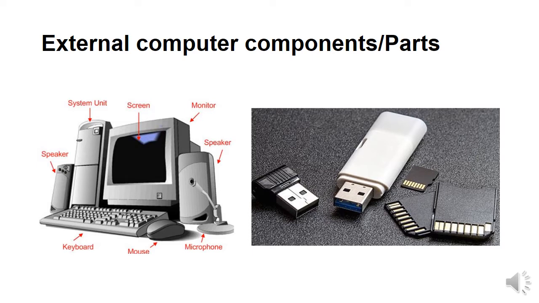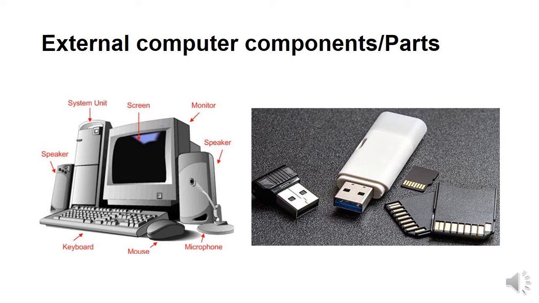This one houses the central processing unit and the other internal components which contribute to data processing. And here we have a monitor containing also a screen. This monitor will be connected to the system unit. In this case, a monitor is called an external or peripheral device.